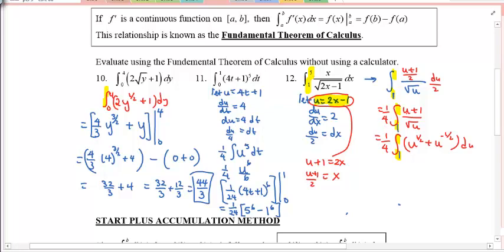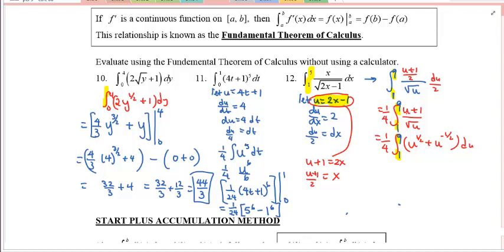And if I plug in 5, 2 times 5 is 10, minus 1 is 9, my upper limit is now 9. Doing that, I don't need to substitute back later on.